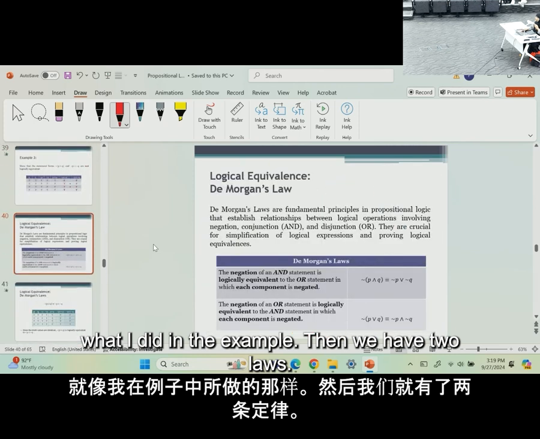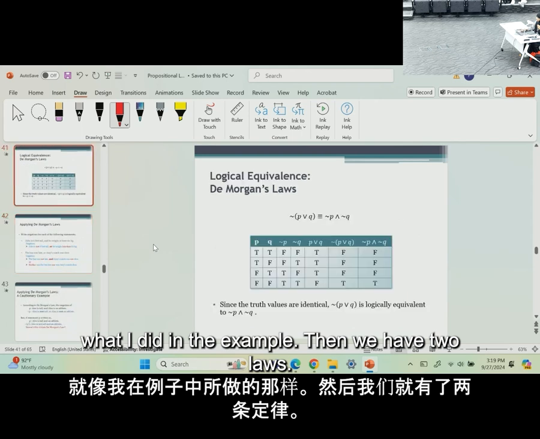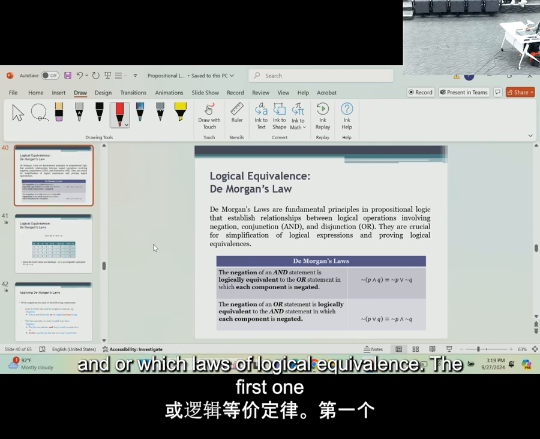Then we have two laws, De Morgan's laws, in terms of AND and OR, which are laws of logical equivalence.